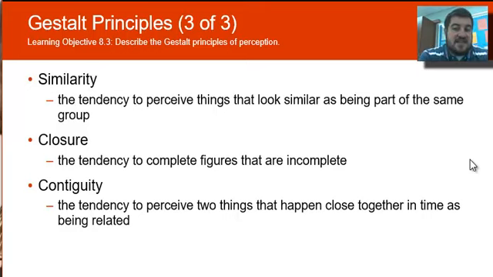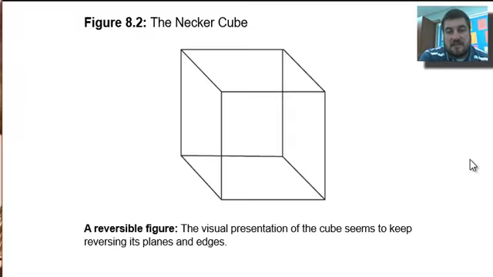Similarity is things that look similar are part of the same group. Closure is filling in incomplete figures to make them complete. Contiguity is perceiving things that happen close together in time as being related.